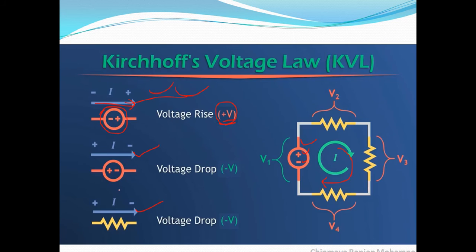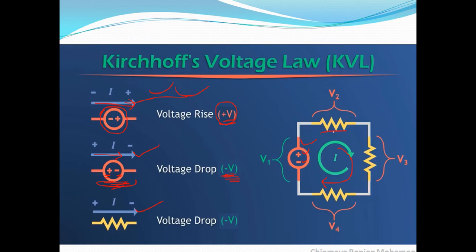Similarly, in this figure, our reference current is in this direction, but our source is connected in this way, positive here and negative here. That means going from positive to negative, we represent it as negative.